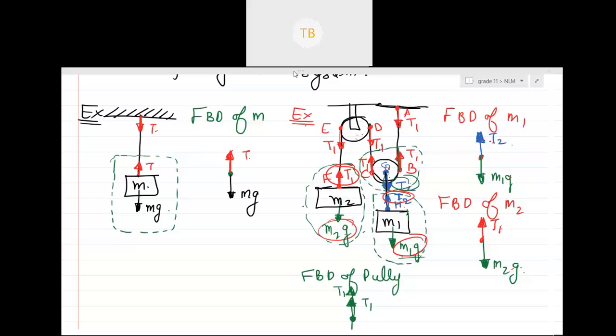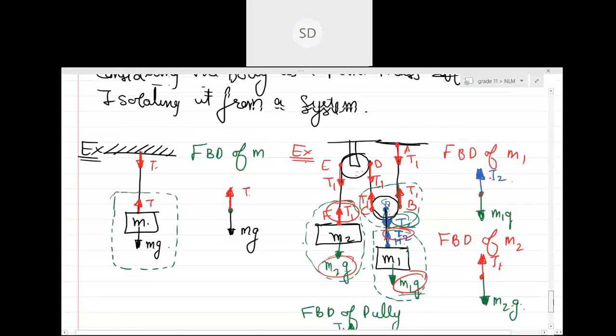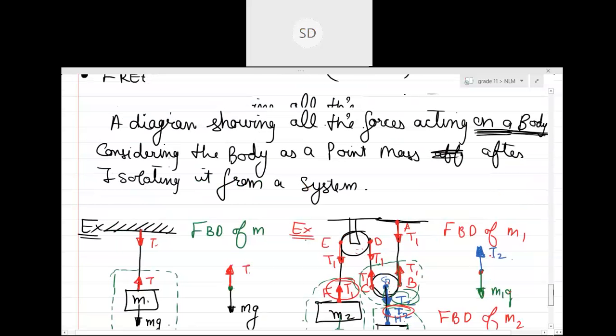Let me give you some more questions on free body diagram so that at least you'll be able to make this perfect. Once you're able to make this perfect, then the later problems are easy to do. Although they will also take certain demand, but yes, can you draw the free body diagram for M1 and M2 in this case?